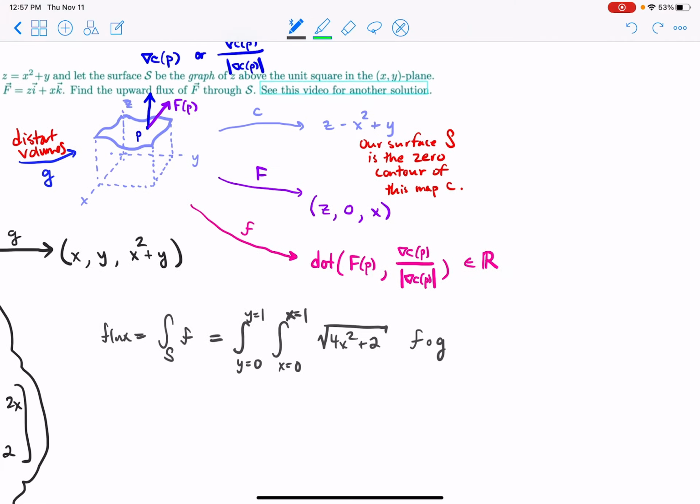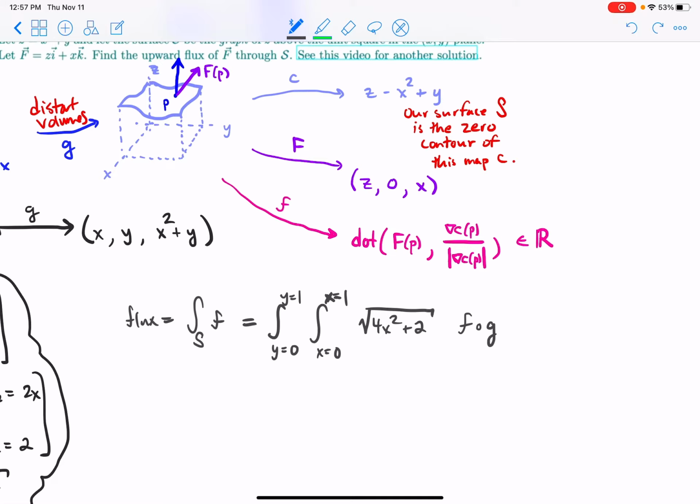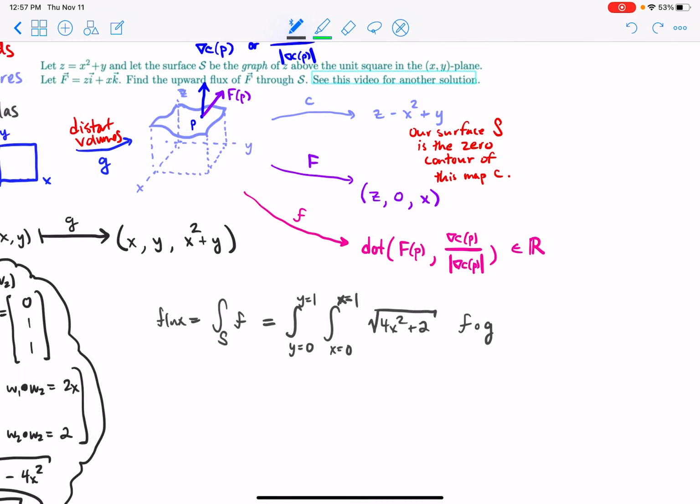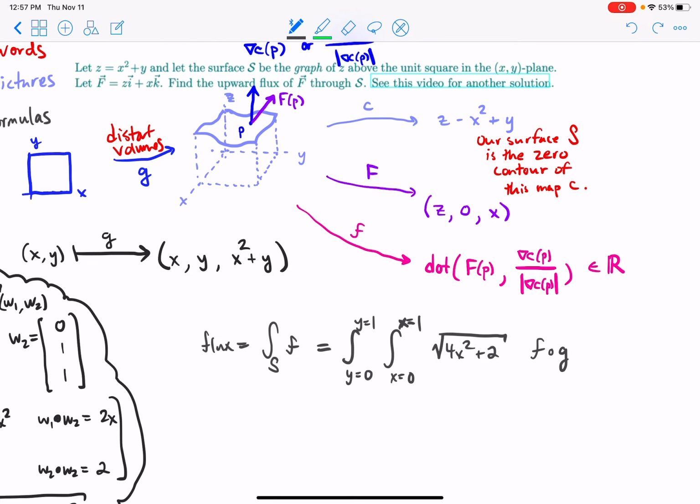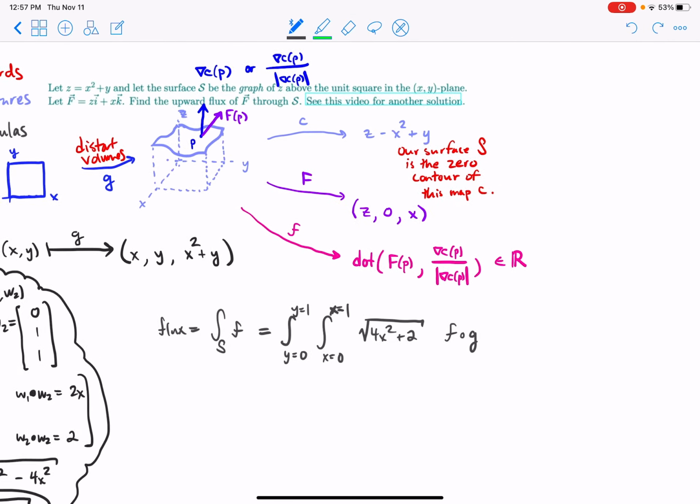Okay, so we can do that. First, let's compose, okay, so we need the vector field, and so we need to compose first the vector field with G. So let's do that.